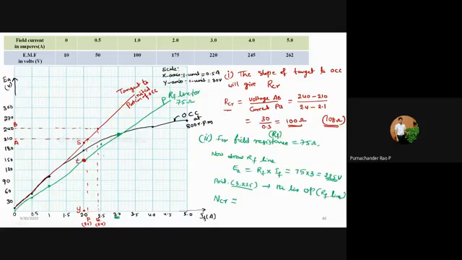So the starting point here is T. We need to take up a point on the RF line, and also a point on the tangent.